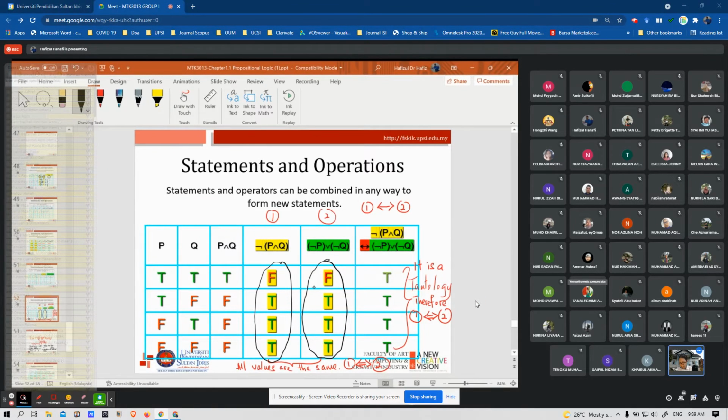Then we can see one is a biconditional of two because we have the same values. And for the output, it is a tautology, because all of the values in the truth table are true, therefore one is equivalent to two.